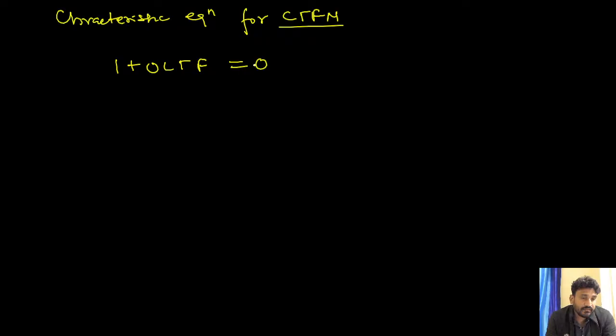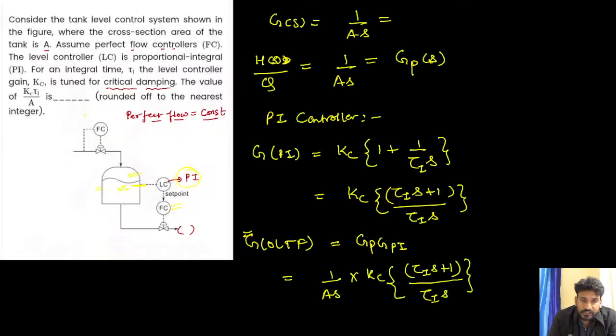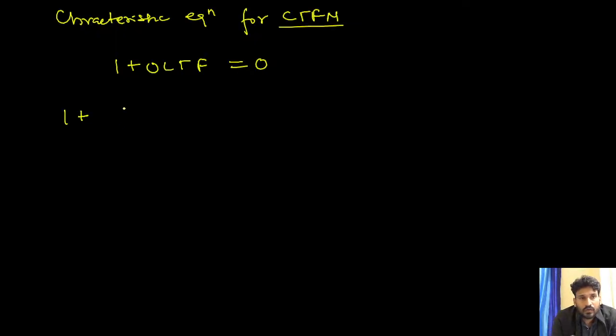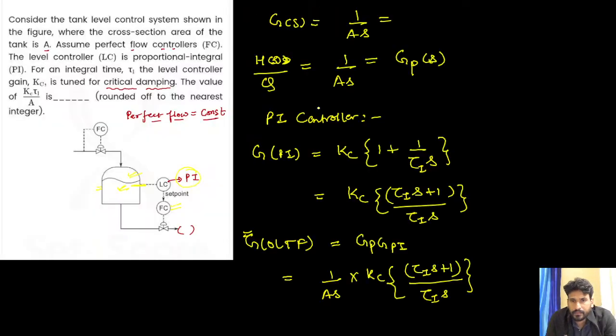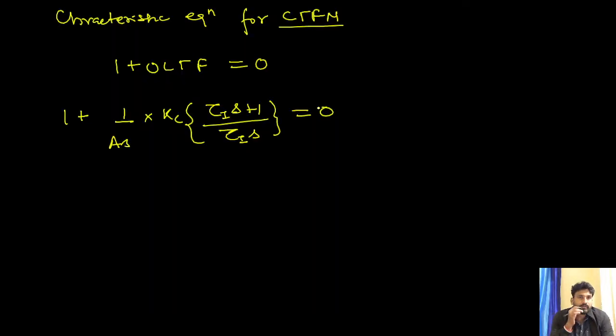Am I clear with this guys? Please let me know. We already calculated the open loop transfer function, that is my 1 by As into Kc into tau I s plus 1 divided by tau I s is equal to 0. I think this is okay. Done.